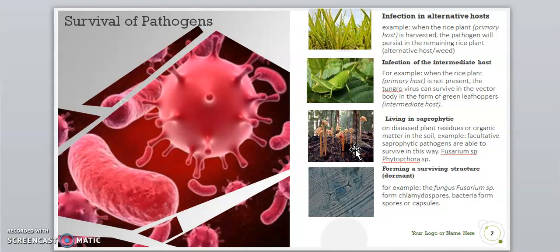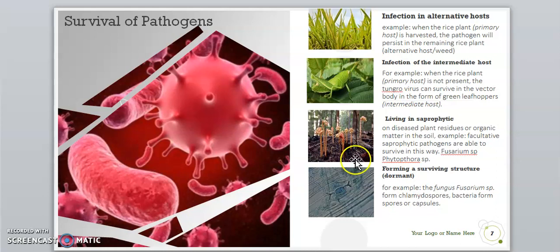They can survive in this way. Okay, like Fusarium and Phytophthora, which are saprophytic pathogens. So when there is no host, they live as saprophytic microorganisms in the land, in the residue of plant, in the organic matter in the soil.